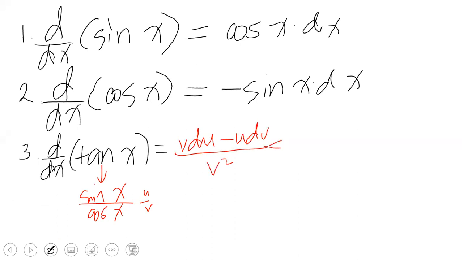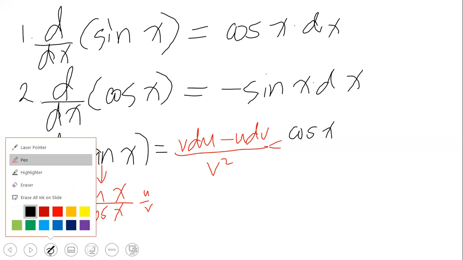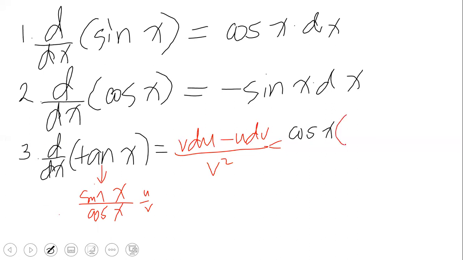So therefore, that will be cosine x, then the derivative of u. So the derivative of sine is cosine x. Tapos minus u dv.